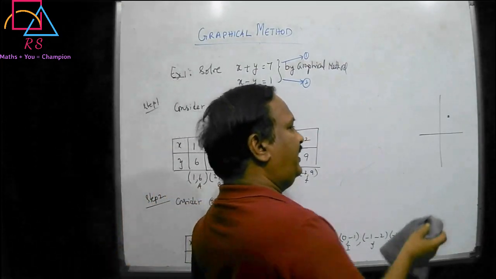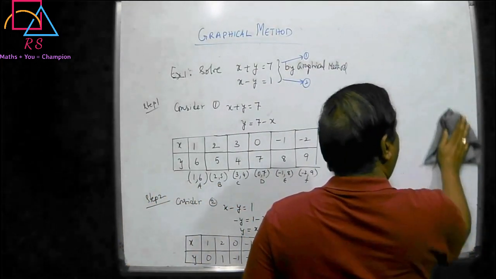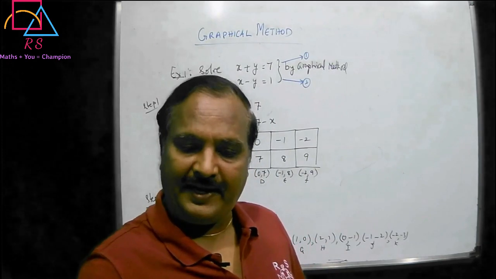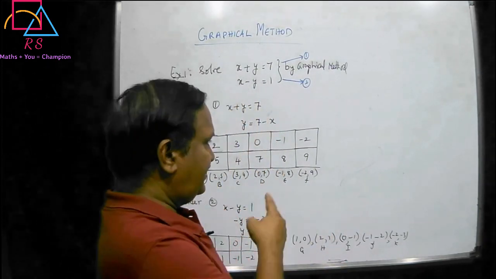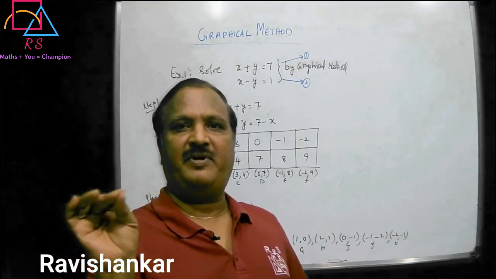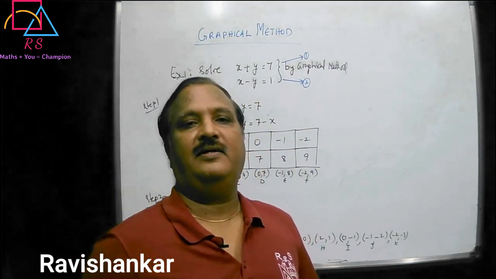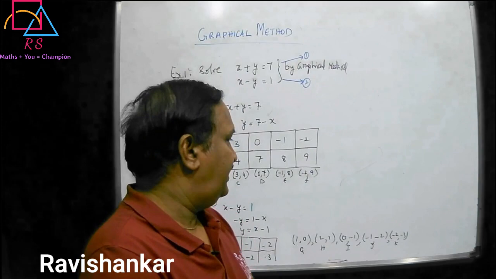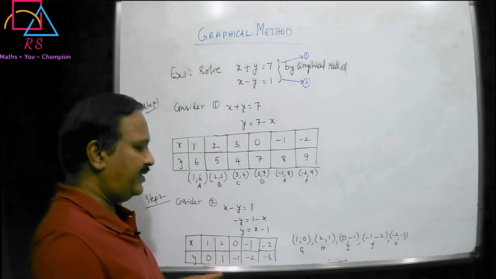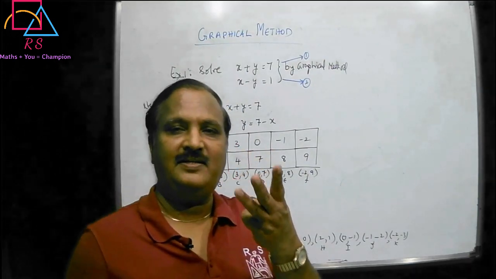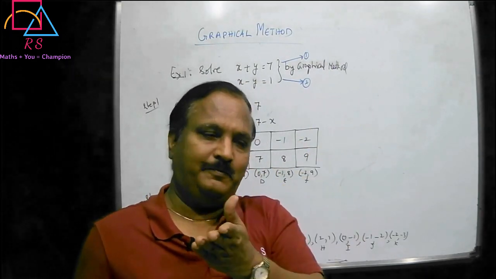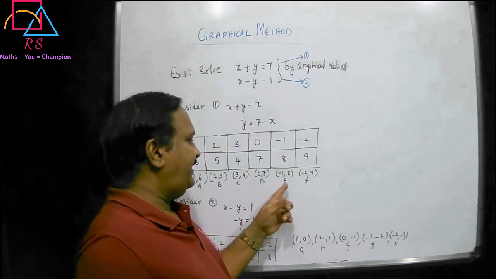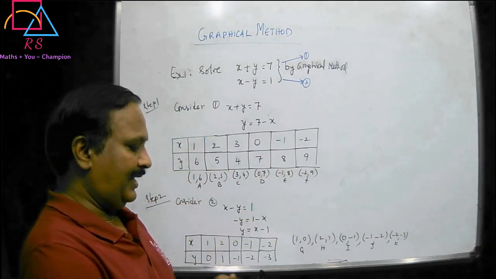You will get a line by joining 2 points, but you will get a proper, perfect graph when you have 3 points. Sometimes these answers may be wrong, so if you have 3, all 3 should be in a line. Now, all these points A, B, C, D, E, F will be in a line.